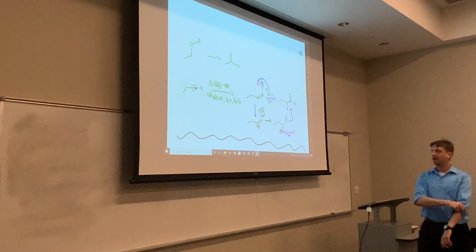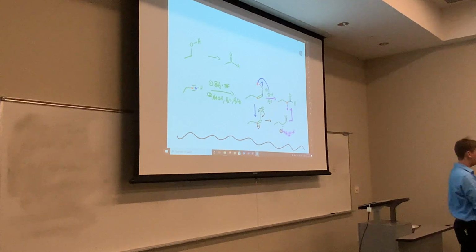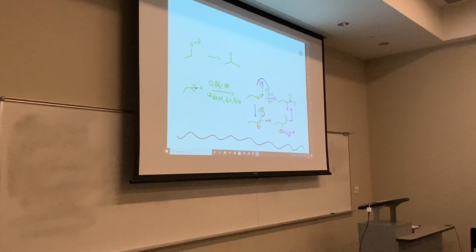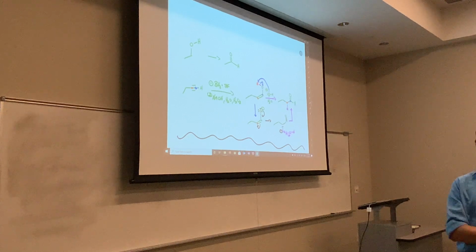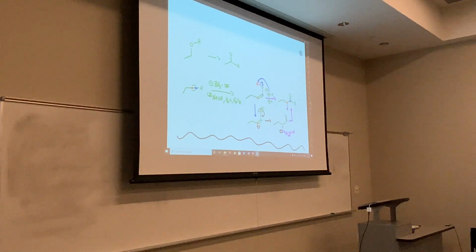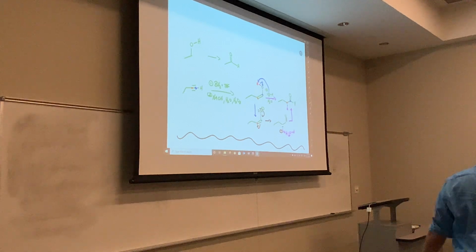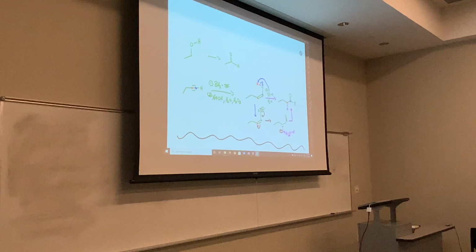Now, could you guys take an alcohol and turn it into an alkyne? Is that a set of reactions that you guys should, in theory, be able to do? Of course, right? We change the alcohol into a halide or some leaving group. We put in a bulky base. We make an alkene.